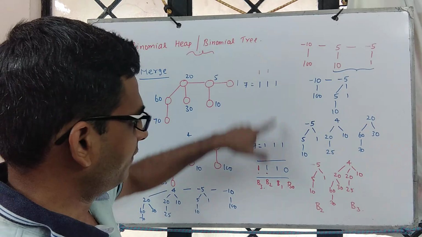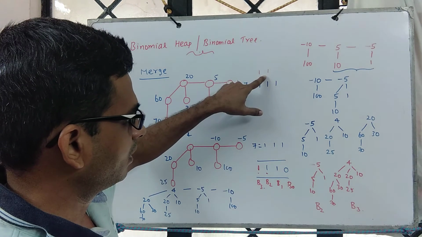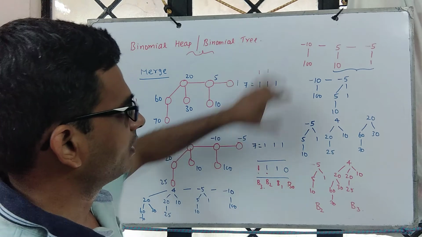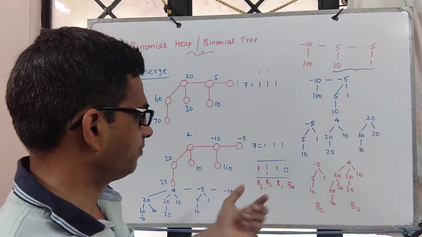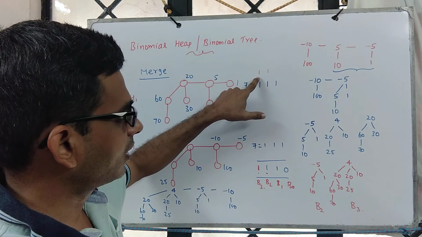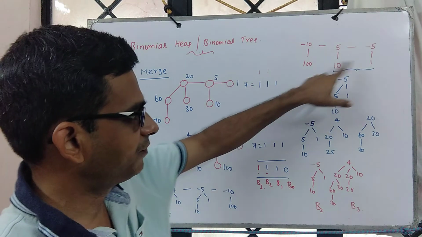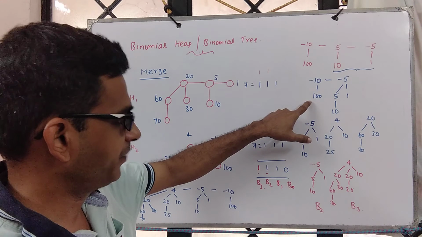So at the first level we are merging two copies of B0 and create a copy of B1. Now there are three copies of B1, retain one and merge the other two to get B2. That is essentially what we are seeing over here. This one says we create B2 on merge of these two, retaining one copy of B1.